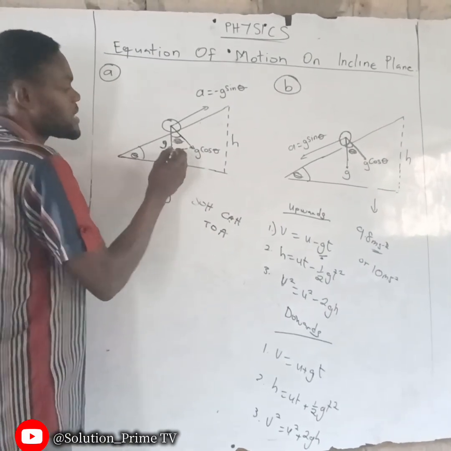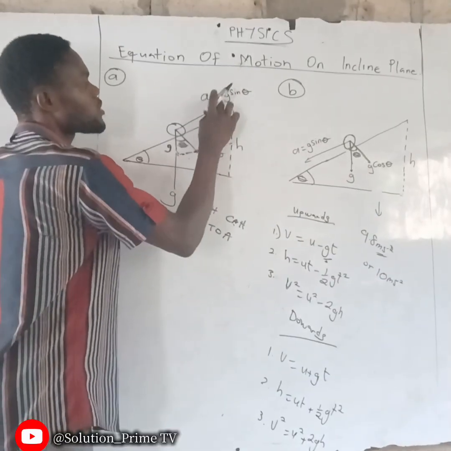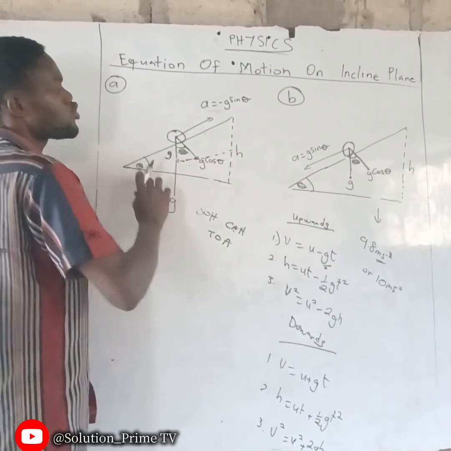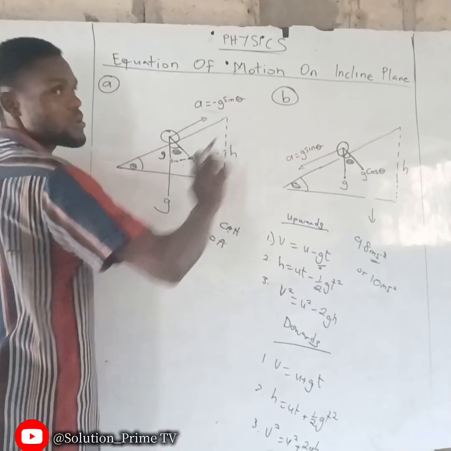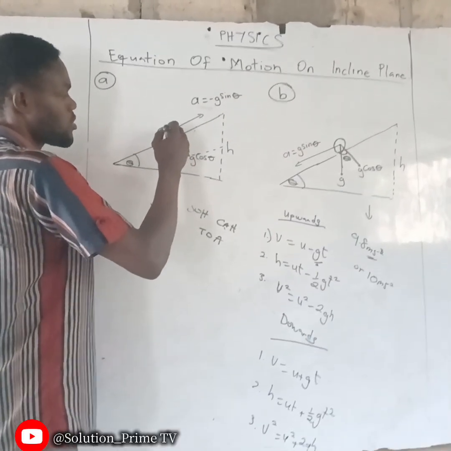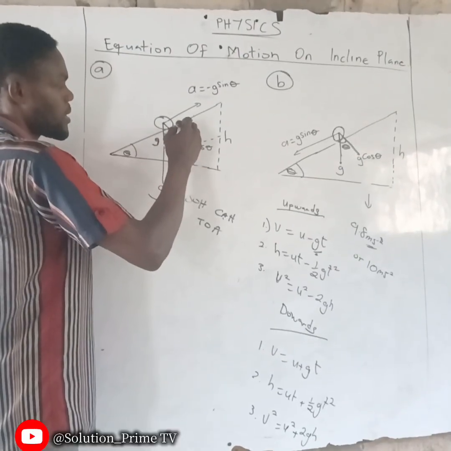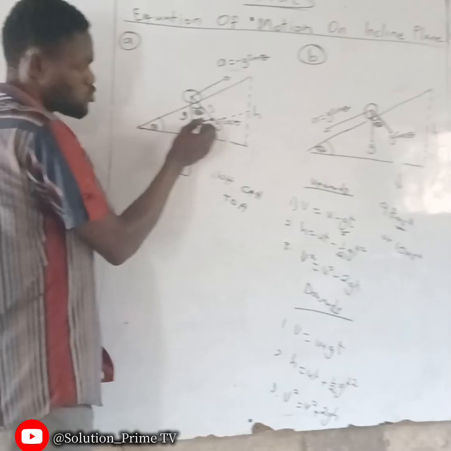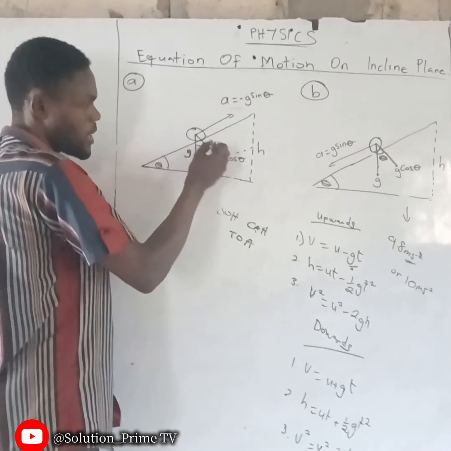This one. And this one is the what? So let me use this to be the x and this to be the y. Follow? I'm using this to be x and this to be y.